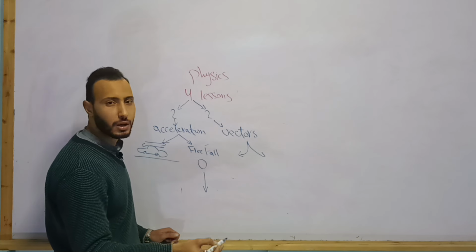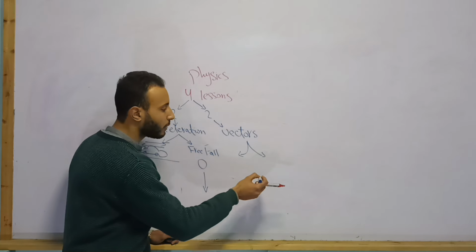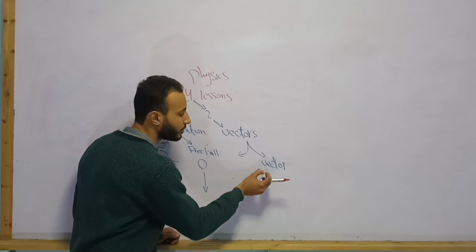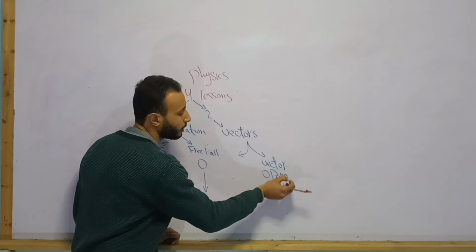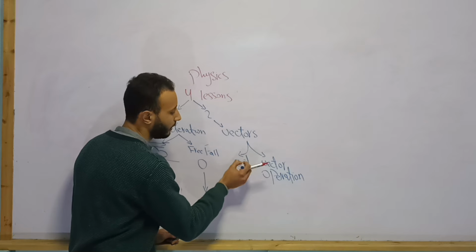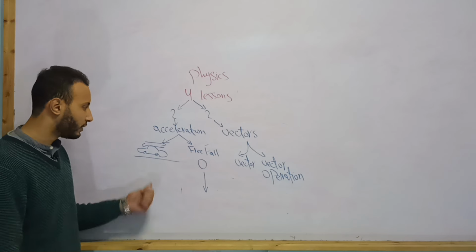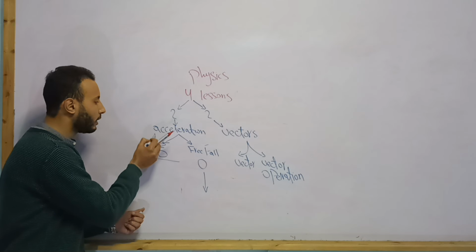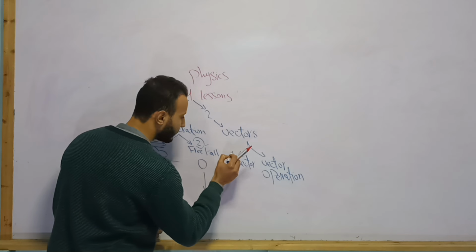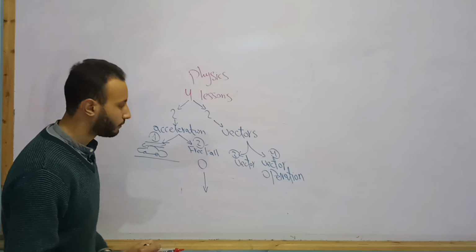What is a vector, how you can represent the vector graphically, and the other part about the vector operation. So here we have vector and vector operations. Okay, and here we have regular acceleration, and the second one, the free fall acceleration. So they are 4 lessons. Okay, 4 lessons, 1, 2, 3, 4.